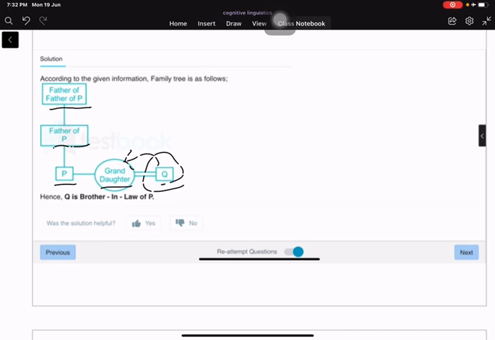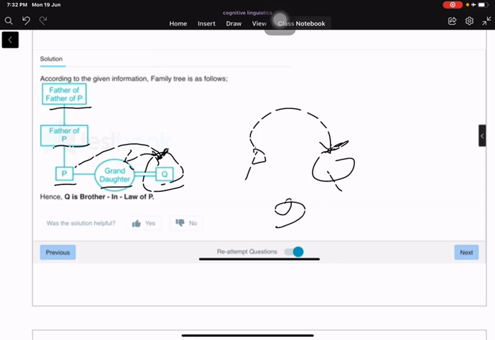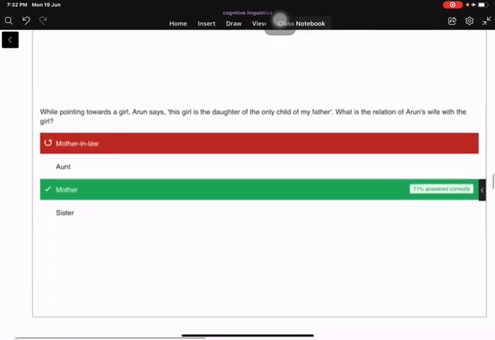So he is also like a sibling to him in a way. If you look at the relation of P and Q, they are siblings in a way. So it is nonetheless the Sala, the brother-in-law.